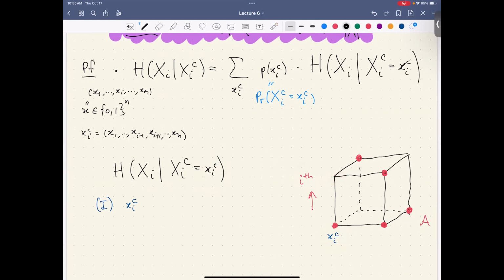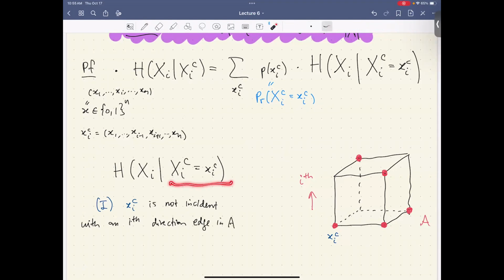So let me write it down. If x_i^c does not support, or by support, is not incident with an i-th direction edge in A, then if you reveal that x_i^c is this choice, I know that the i's coordinate has to be at the bottom level.